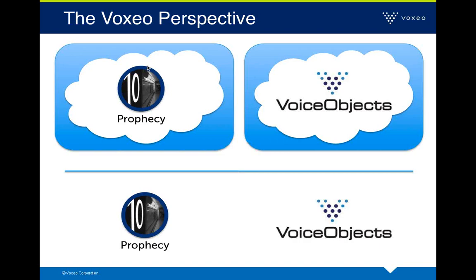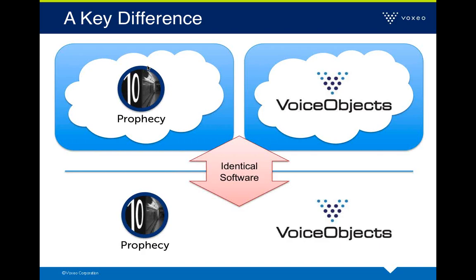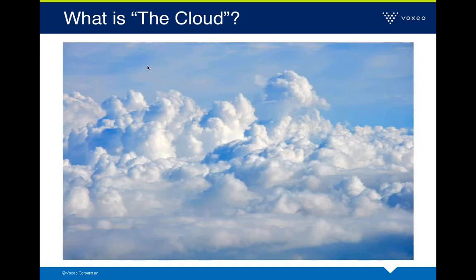It lets you go and create applications and link them into real-time analytics, link them into databases, do all of that. It can run either on-premise or with our new Voxeo or Voice Objects on Demand, it can run up in the hosted cloud as well. So we don't really have a preference. We can support either way, or as we'll talk about later, hybrid environments as well. A key point to note about what we do and part of what we provide is that it is the identical software whether you are on-premise or on the cloud.